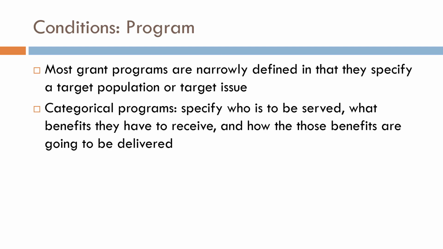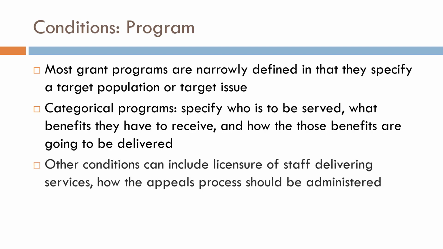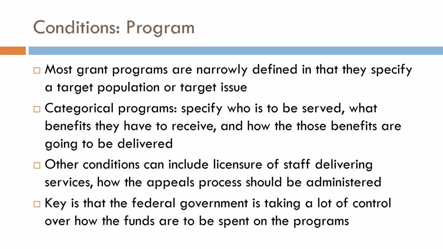In any case, program conditions can be very specific. Other conditions can even be more specific, involving certain licenses that staff who deliver services have to have, all the way to how the appeals process should be administered. It can get pretty detailed. But the key here is that the federal government is taking a lot of control over how the funds are to be spent on the program.